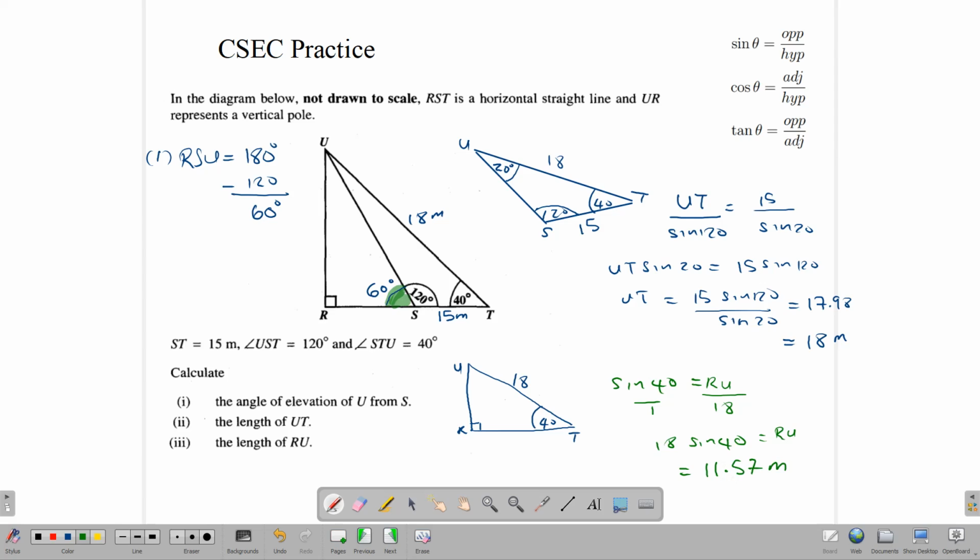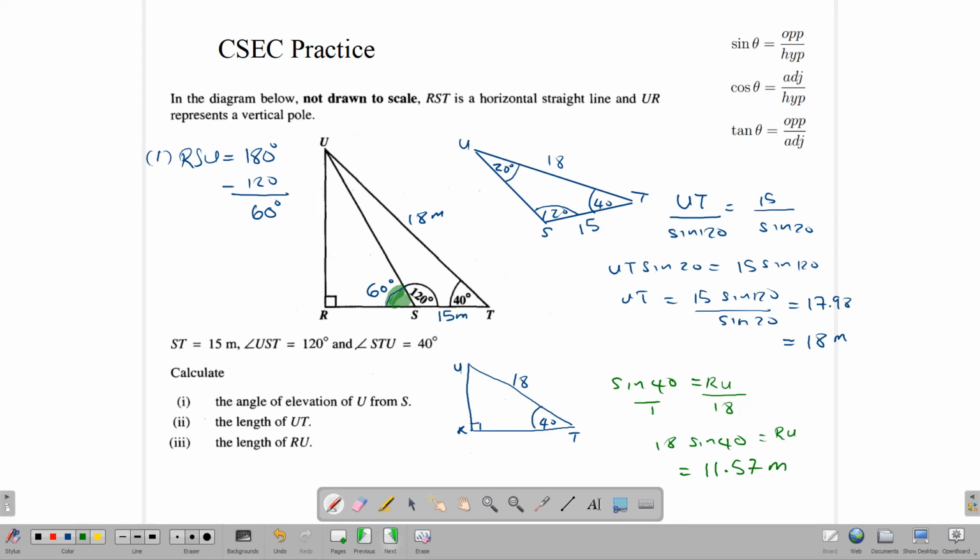So we have found our lengths. We have found UT using the sine rule that gave us 18 meters, and we have found RU, which measures 11.57 meters using the sine ratio.